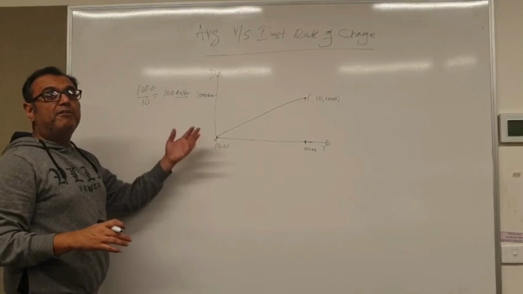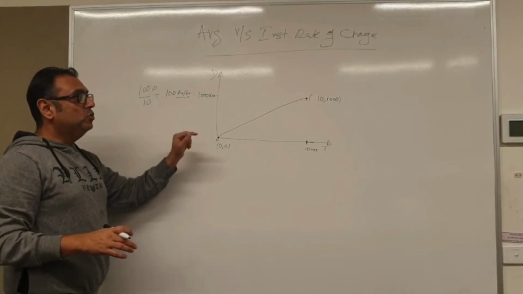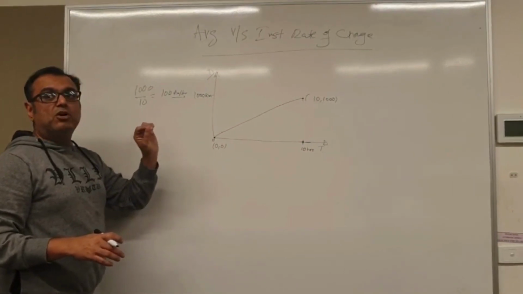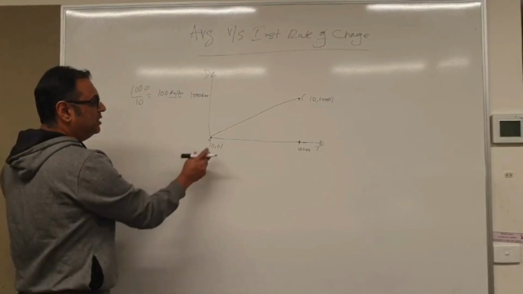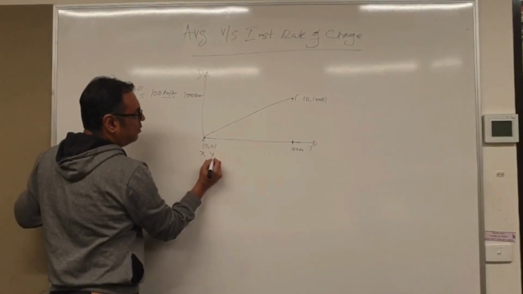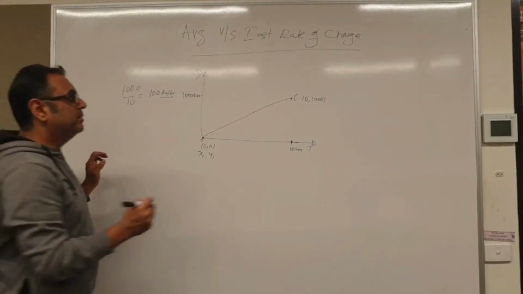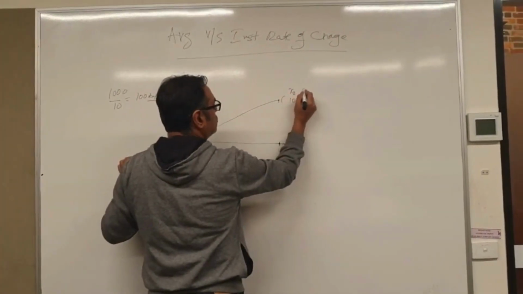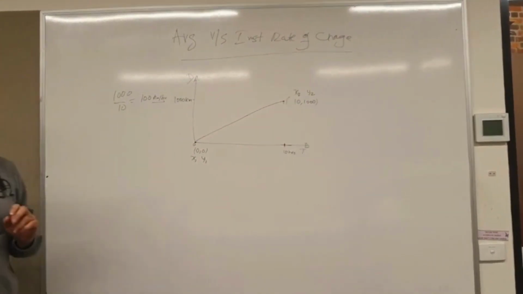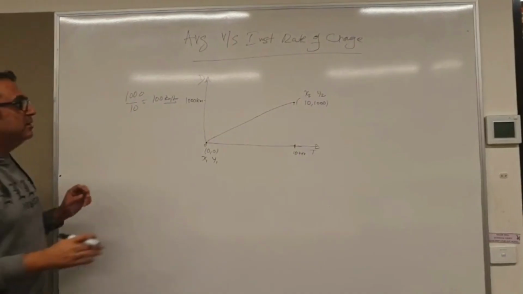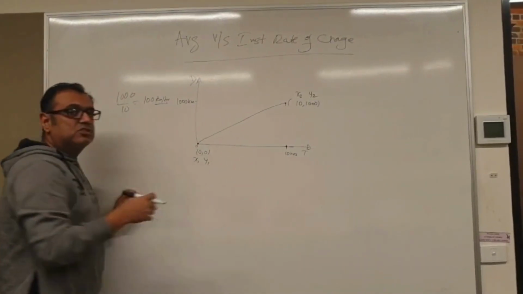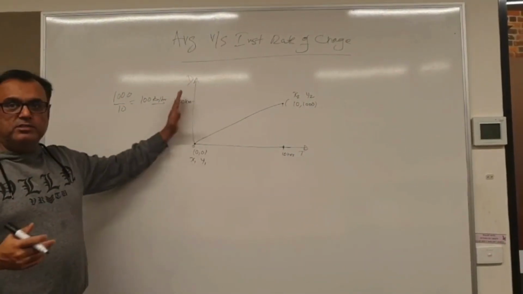Easy? Now if I use the concept of slope here, I've got 2 points, x1, y1 and x2, y2. Aishka, yes? What is slope? Rise over run.